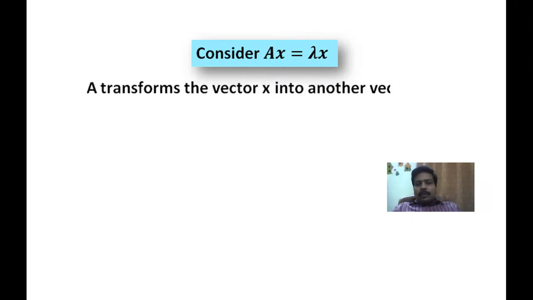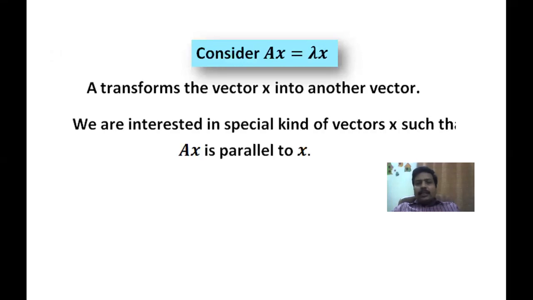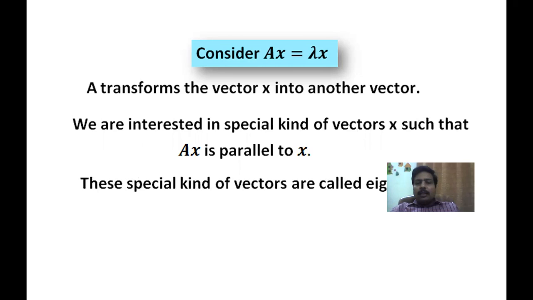Now we are interested in special kinds of vectors X such that AX is parallel to X, or the resultant vector must be some scalar multiple of the vector X. We are focusing on such vectors with the given system A. These special kinds of vectors are called eigenvectors.